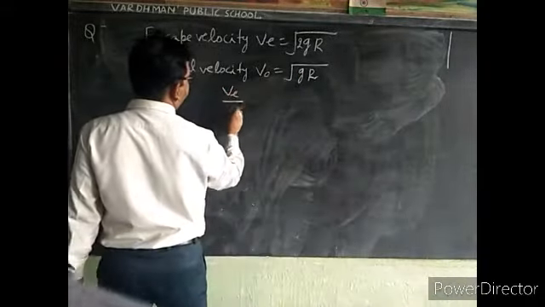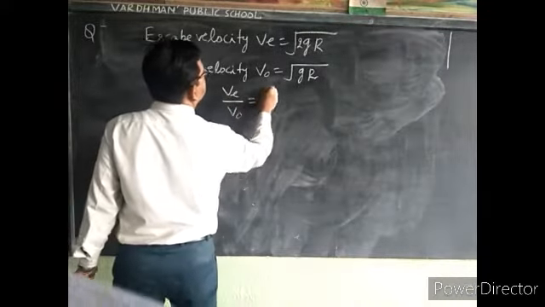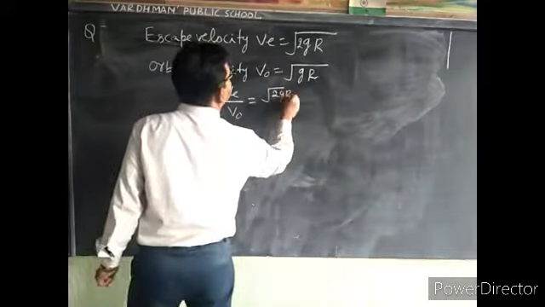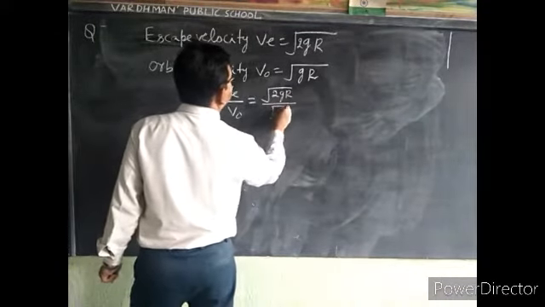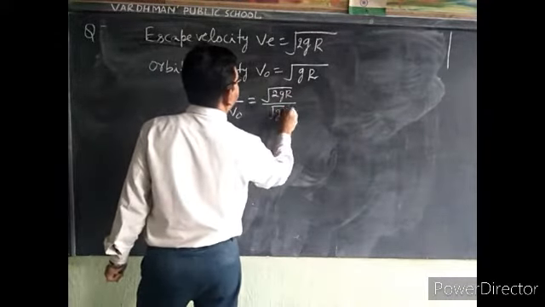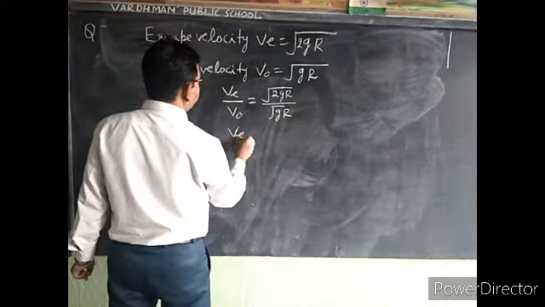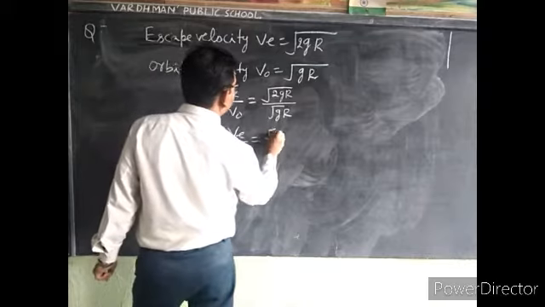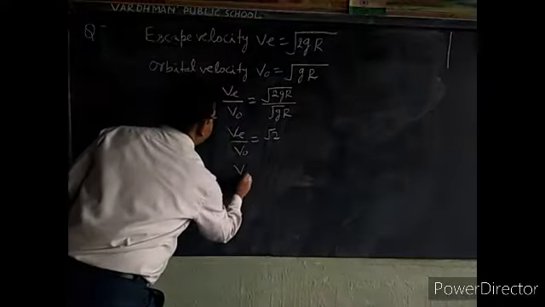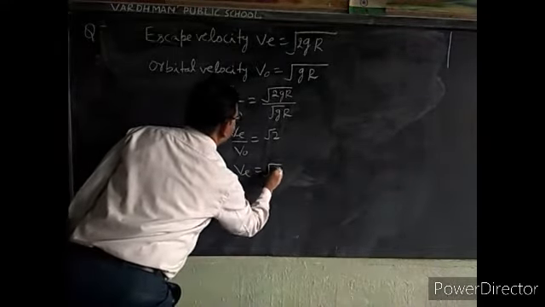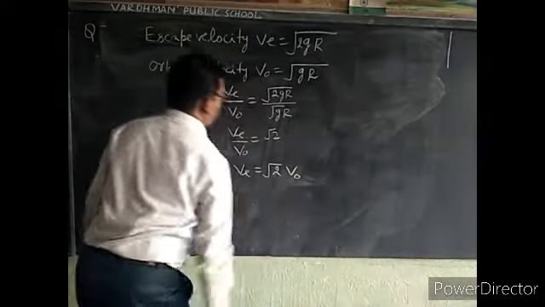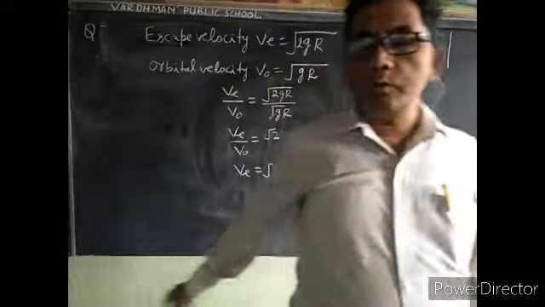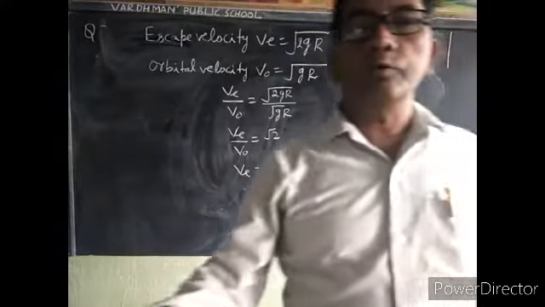Therefore Ve upon Vo is equal to under root 2GR upon under root GR. Therefore Ve upon Vo is equal to under root 2, that is Ve is equal to under root 2 Vo.